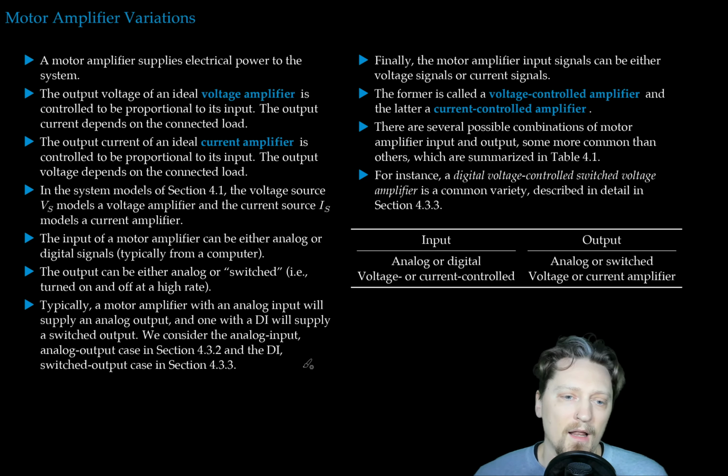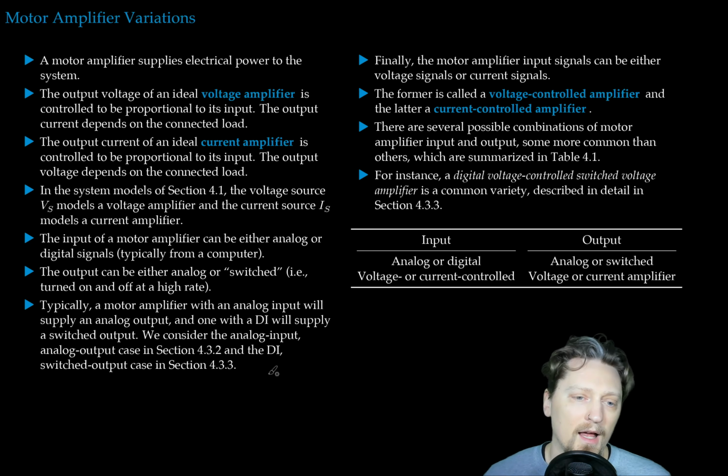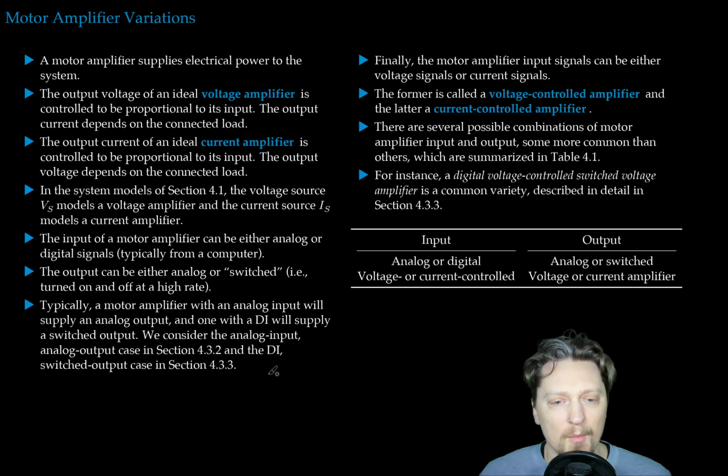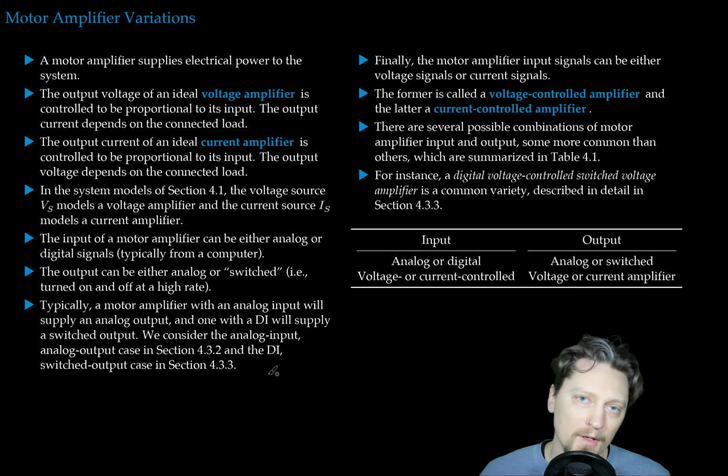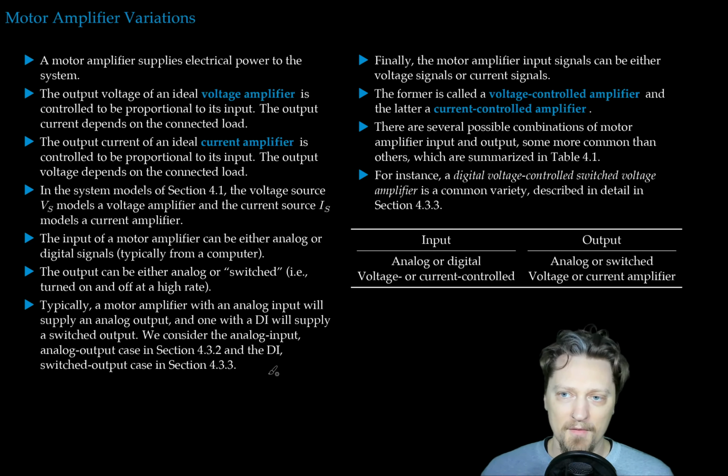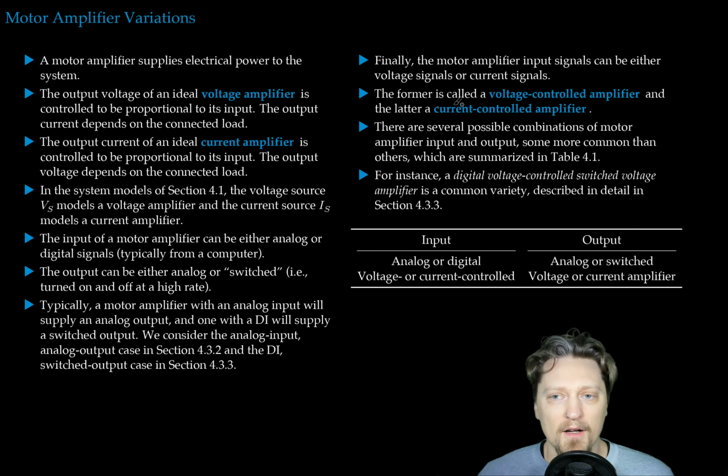We consider the analog input, analog output case in section 4.3.2, this lecture, and the digital input switched output case in section 4.3.3, also later on in this lecture. Finally, the motor amplifier input signals can be either voltage signals or current signals. The former is called a voltage-controlled amplifier, and the latter a current-controlled amplifier.